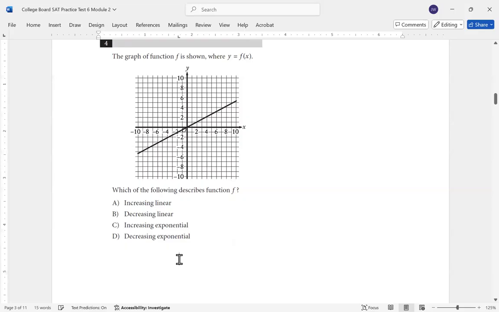Therefore, the answer to question 4 is an increasing linear function. So because we have positive slope, or because as we move left to right we are increasing, that's an increasing function. And because it's a straight line, it's linear. So increasing linear is the correct answer to question 4. And by the way, that's A.